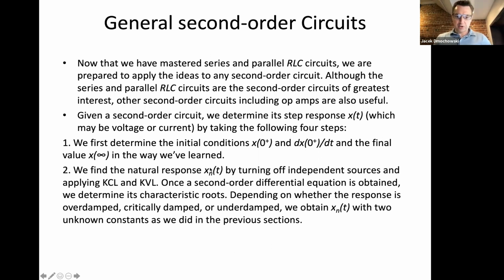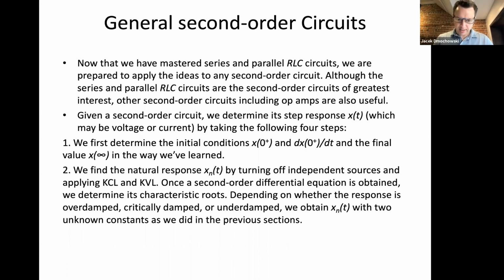The second step is usually the one that requires the most work. Here you turn off your independent sources and solve for the ensuing natural response. This usually means, and I'm going to do 2 examples for you here, you have to write a KVL or KCL equation that will lead you to a second order differential equation.